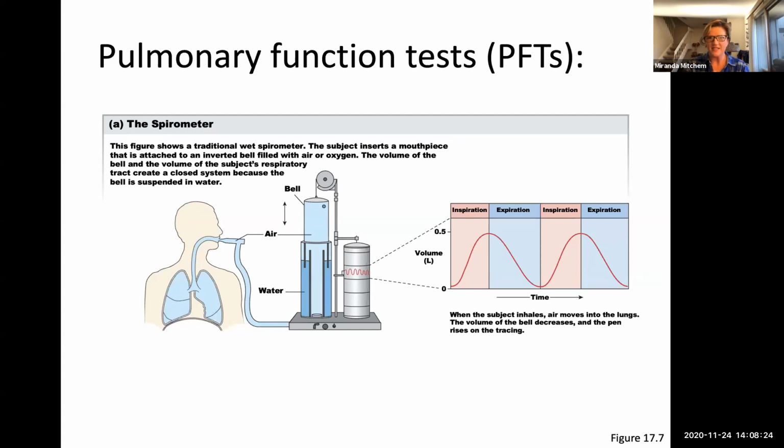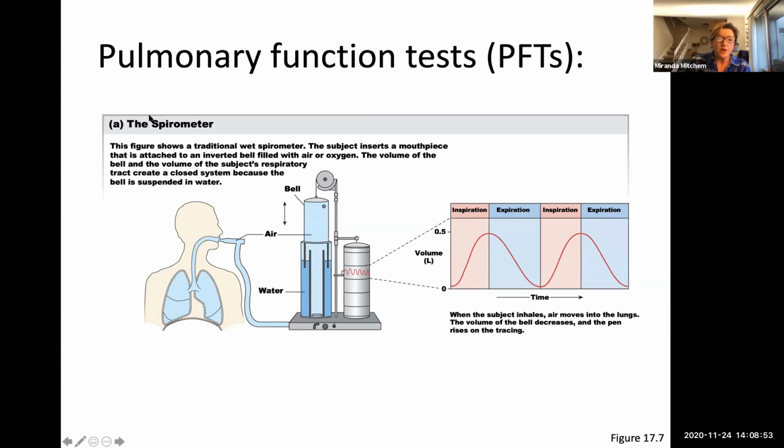I've had these tests done since I have asthma, and you actually sit in what looks like a phone booth, like the kind they have in England, but it's a plastic box and it's completely sealed off. And you breathe into a tube, but that way they can figure out how much air is moving because they know how much air is in that total box, and they can control the settings and the volume.